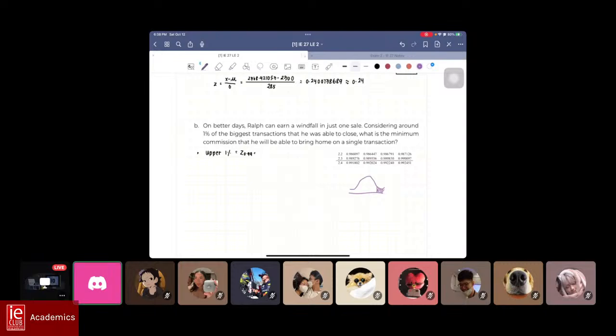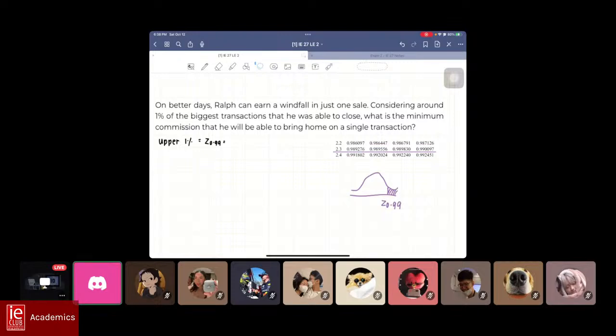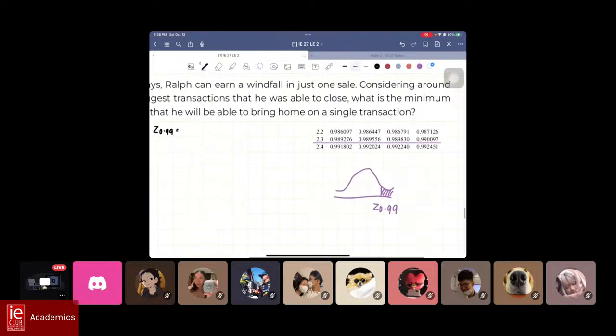So that's Z 0.99. So we have to find in the Z table what is closest to 0.99. So that would be equal to 2.33. So since this is, I think, 0.00, 0.01, 0.02, 0.03. So this would be equal to this, the closest to 0.99.